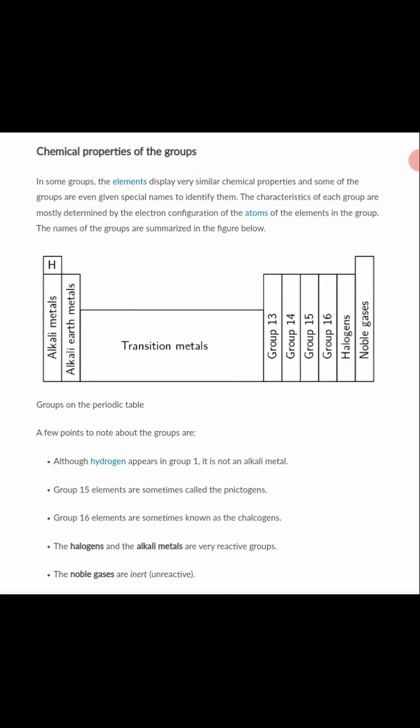Group 16 elements, number 3, are sometimes known as the chalcogens. Number 4, the halogens and the alkali metals, they are very reactive groups. And number 5, the noble gases are inert. They are chemically unreactive.